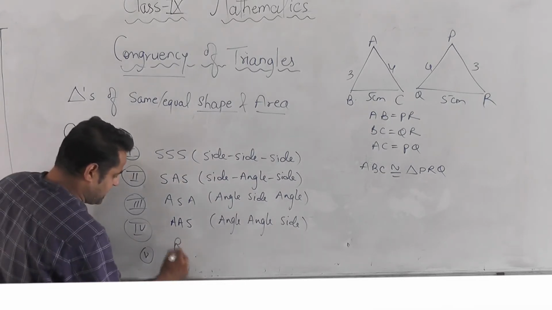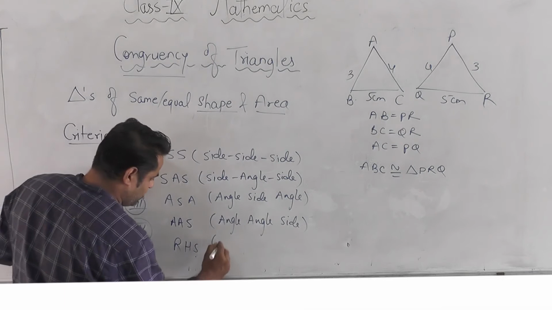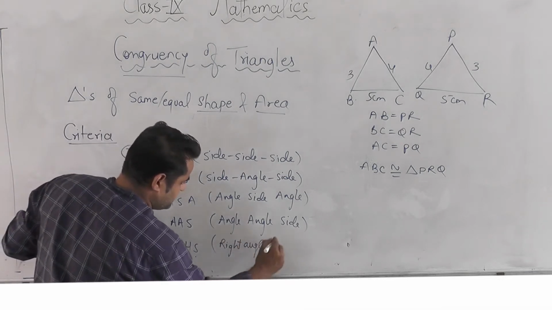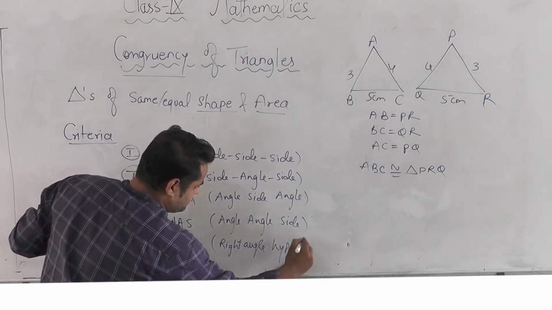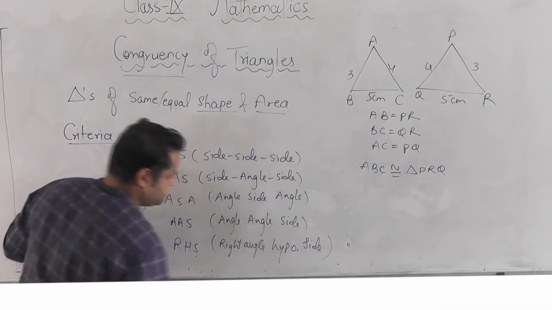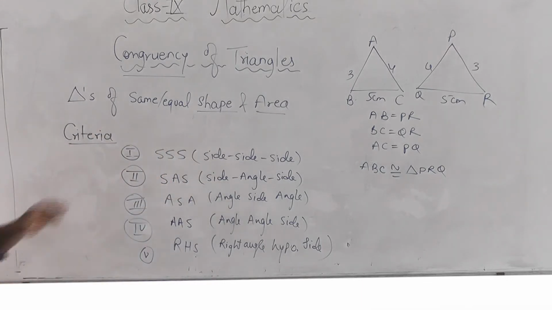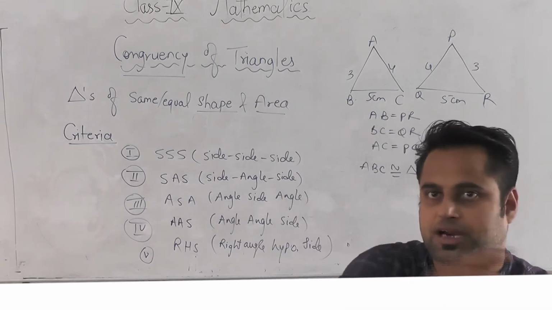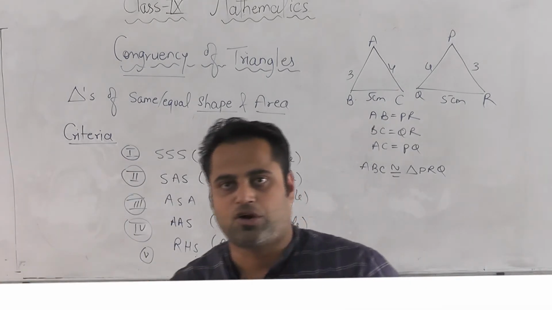And then for a right angle triangle, this is the RHS rule: right angle, hypotenuse, side. I am writing it in short form. So there are these 5 categories of criteria by which we can prove whether a triangle is congruent to another triangle or not.